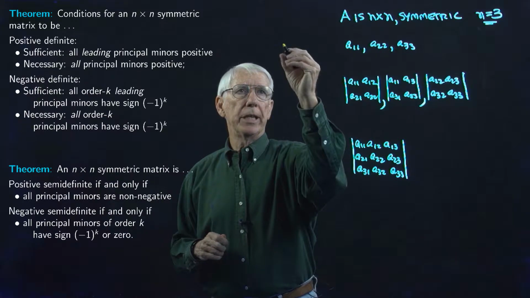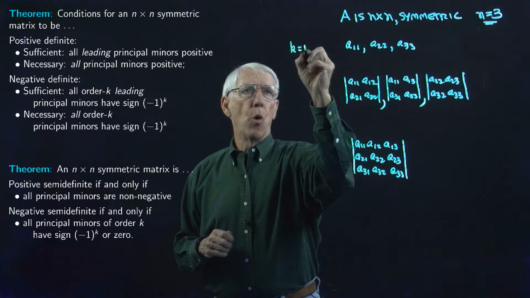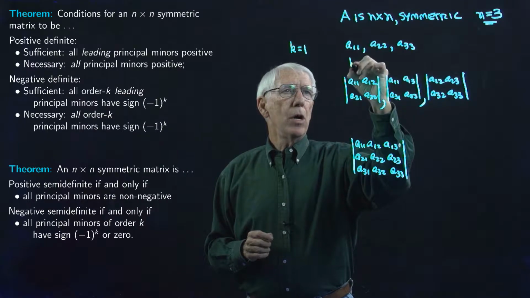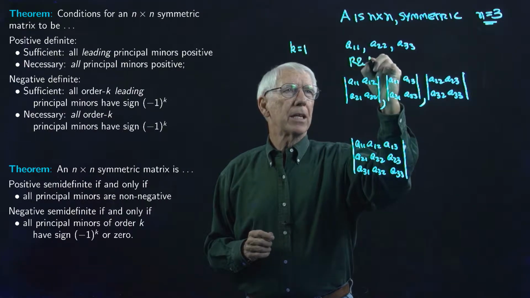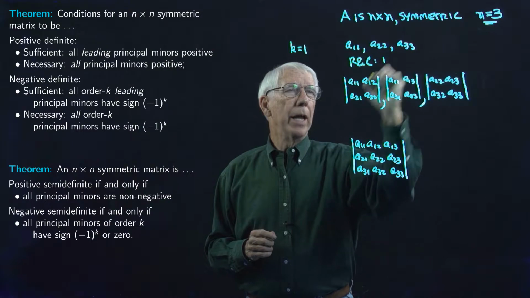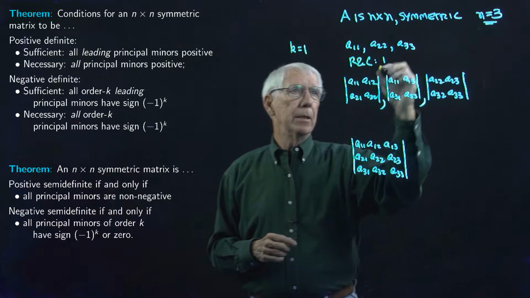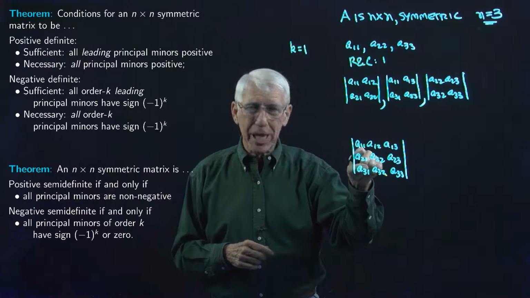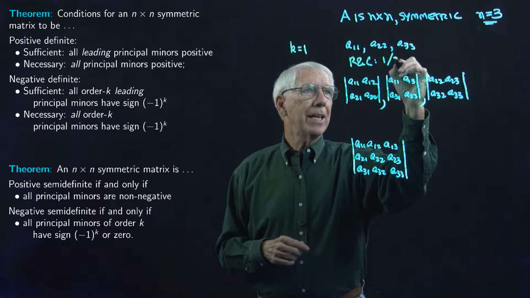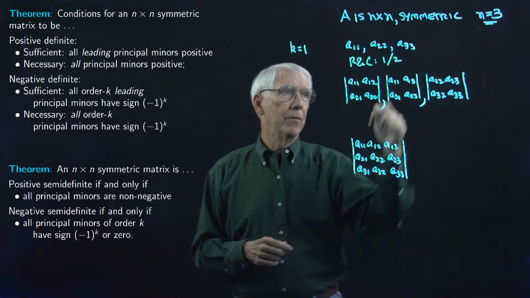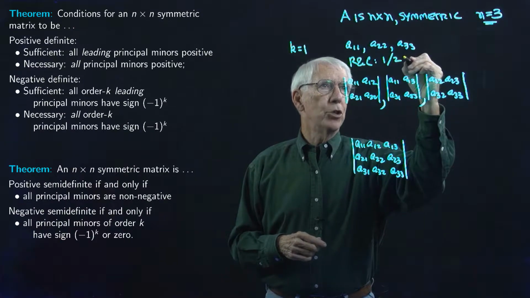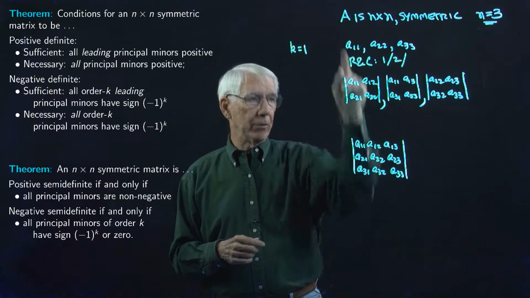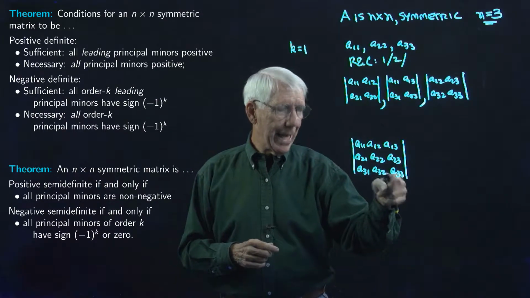So let's put over here k equals 1, and they involve the first row and the first column of the whole matrix, which is just A11, the second row and column of the matrix, which is just A22, and the third row and column of the matrix A, which is just A33.